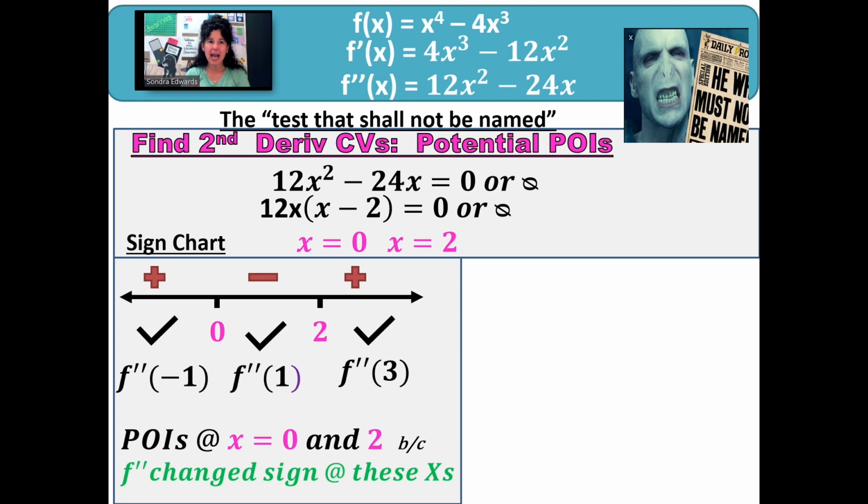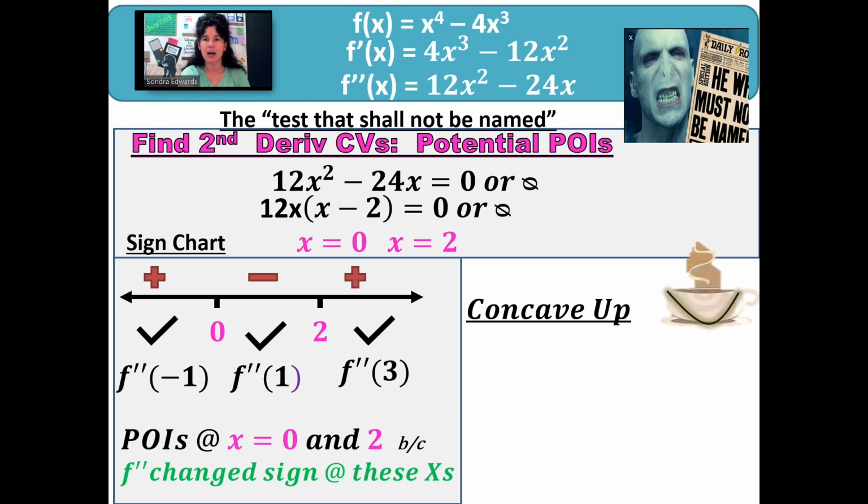Now, after we have created these number lines or sign charts out of the first and second derivative critical values, we can get a bit of extra information. In this case, for the second derivative critical value sign chart, we can tell that in those intervals, our original function is concave up. Answers to the second derivative tell you about concavity.